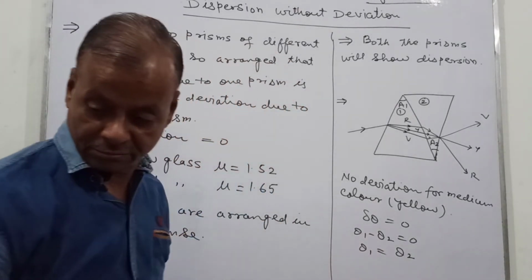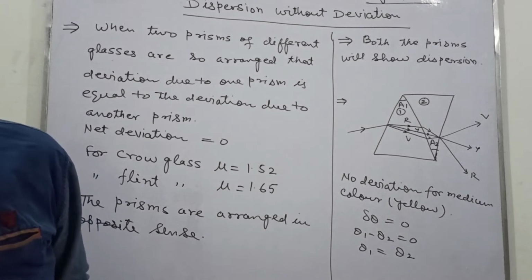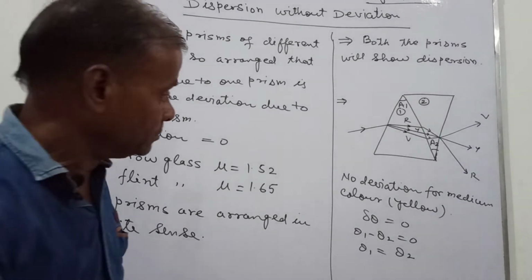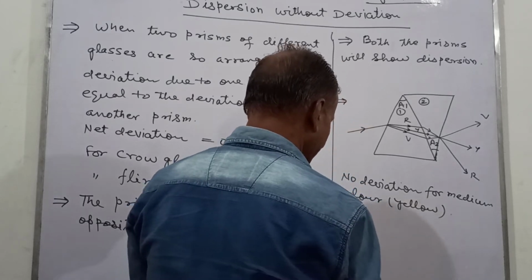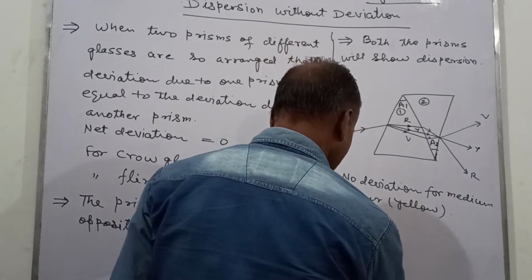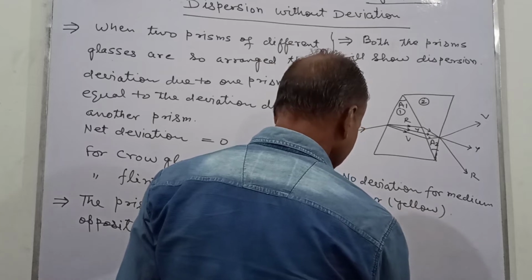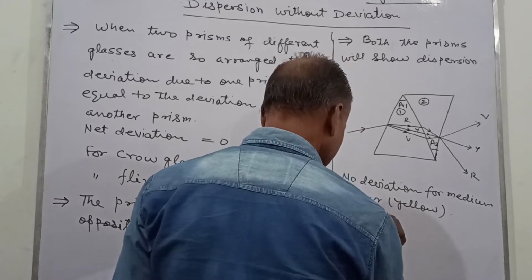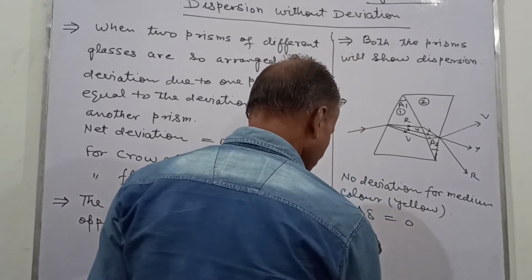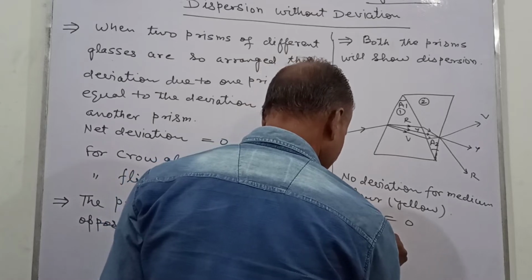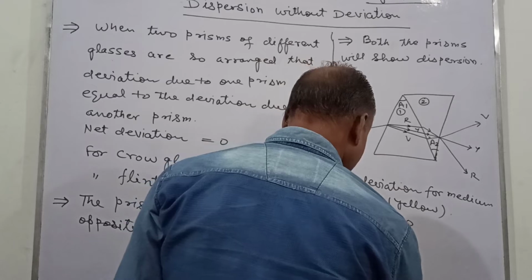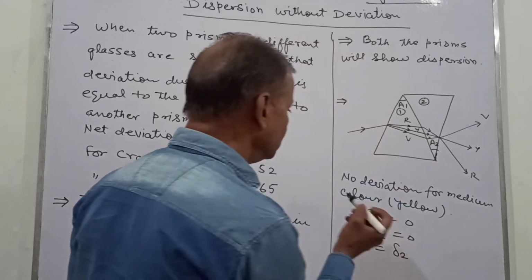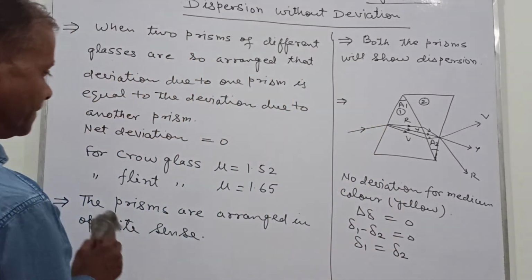Delta theta. This delta is equal to 0, so delta 1 minus delta 2 is equal to 0, or delta 1 is equal to delta 2. This is the derivation.